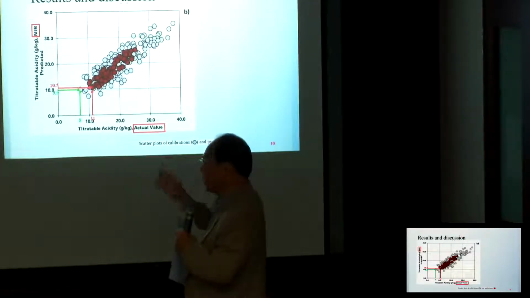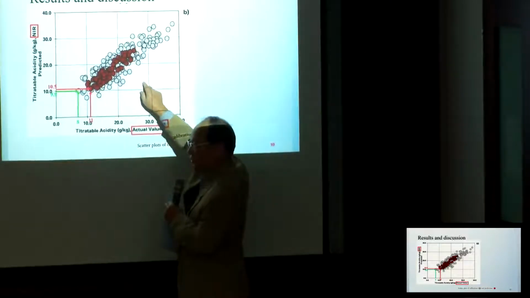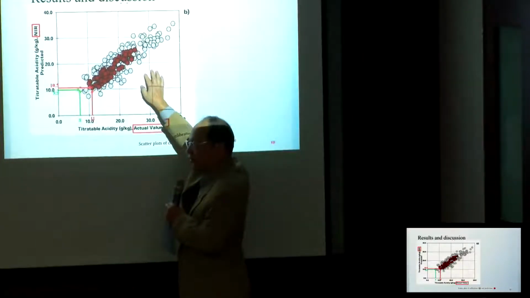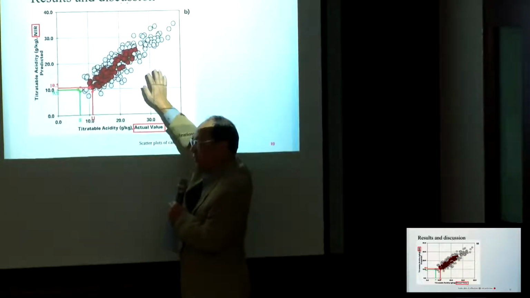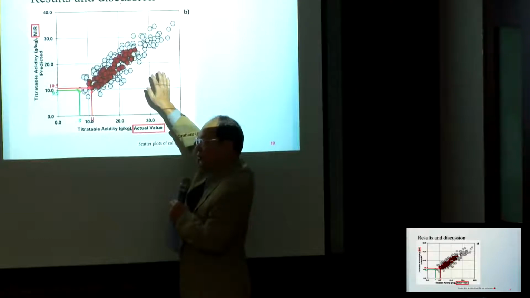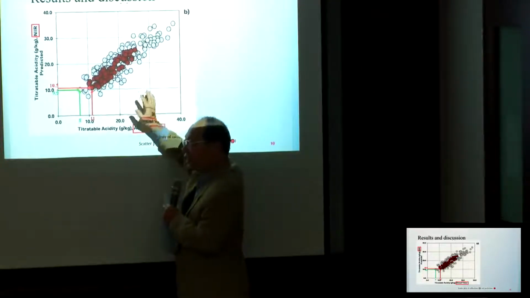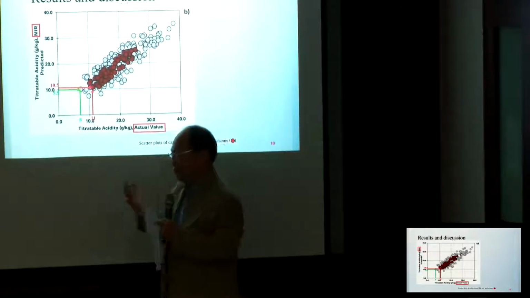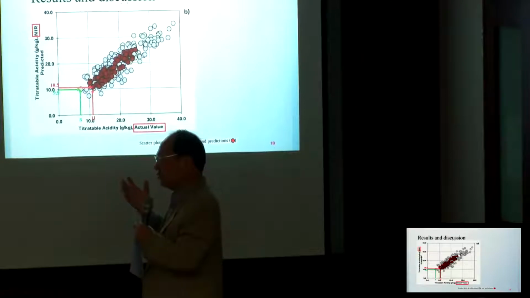Instead, you need to show us the R, the correlation coefficient, and what kind of method was used, MLR or PLSR. These two are the most common regression models used in the near infrared area, and also the standard error. From that, we can judge whether the model is good or not.